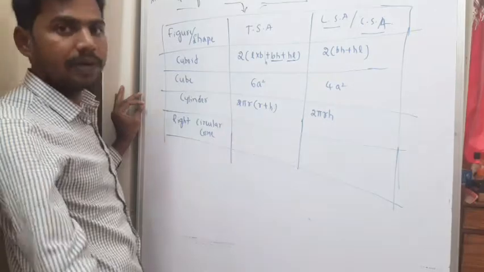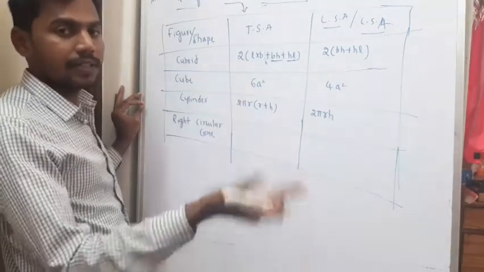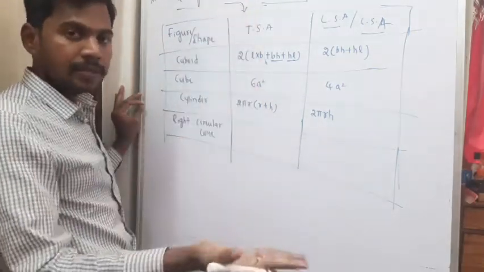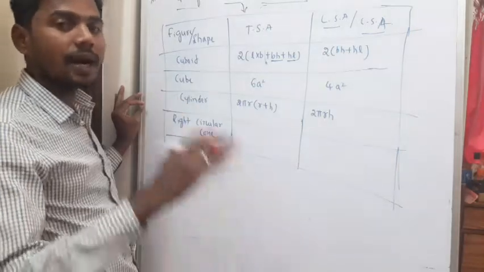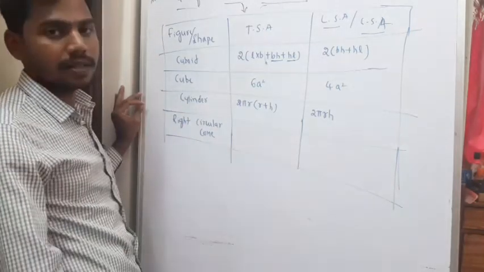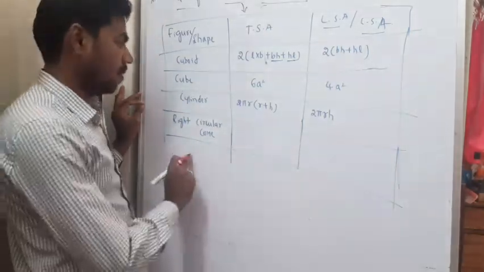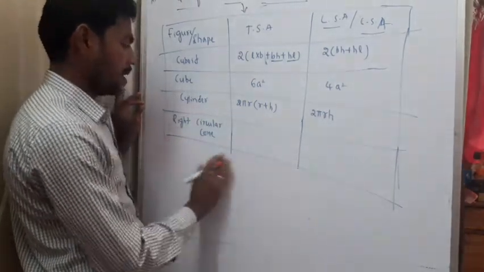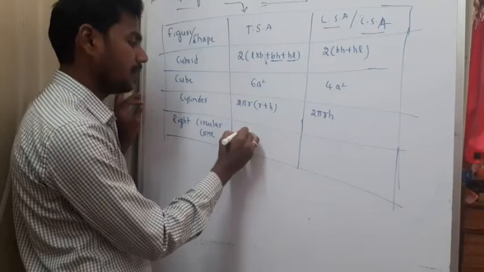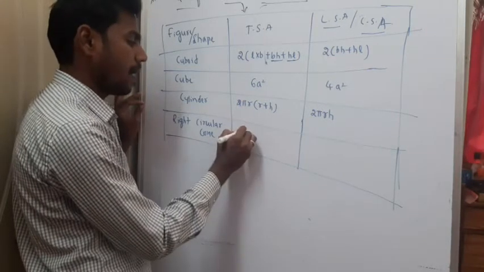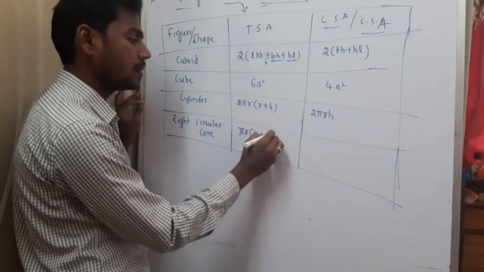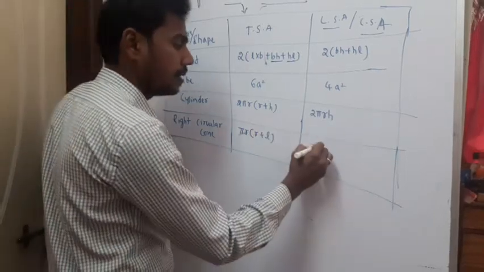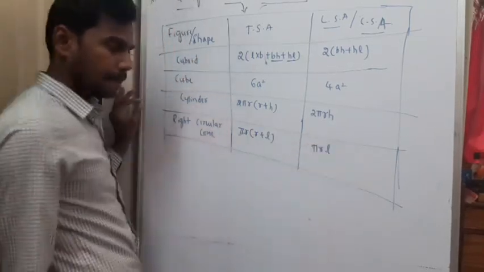If the line segment joining the vertex and the base is not 90 degrees or perpendicular, then we will not call it a right circular cone. So the total surface area for a right circular cone is pi r into (r plus L). Here the curved surface area is pi r L.